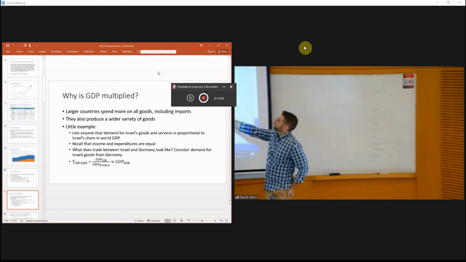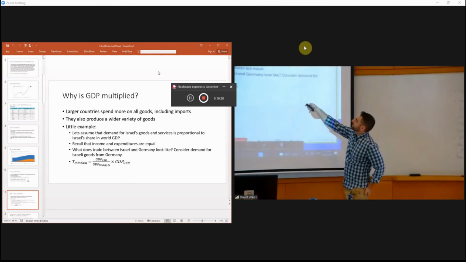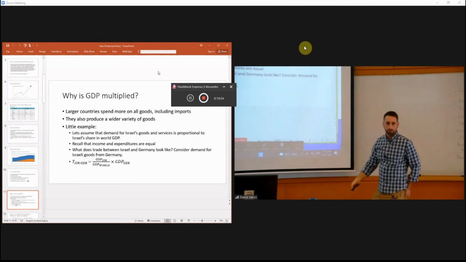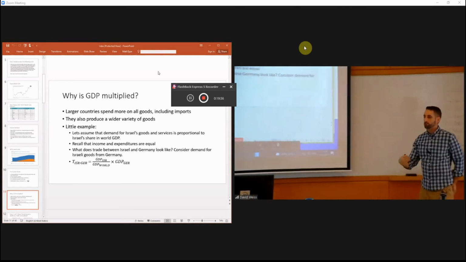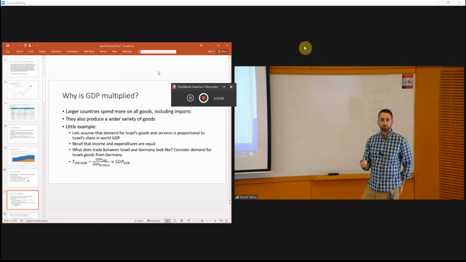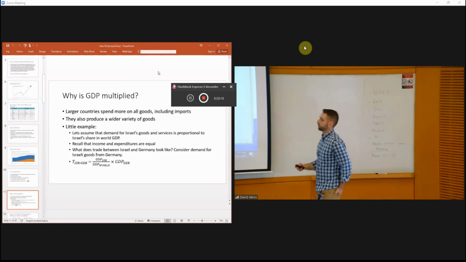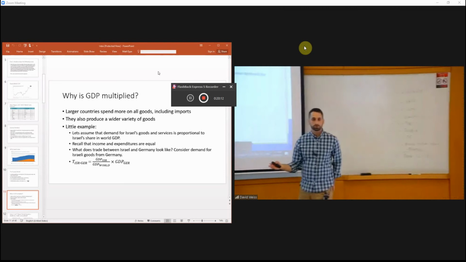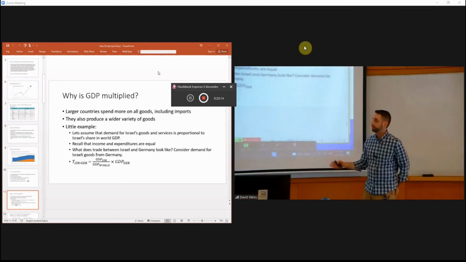It's also true that larger countries produce a wider variety of goods. When you go to the supermarket or the store, how many of the goods you buy were produced in Cyprus? Maybe one. Versus how many were produced in Germany? There's a huge variety. So almost naturally, you're going to be spending more money on stuff produced in Germany just because they produce a wider variety of things.